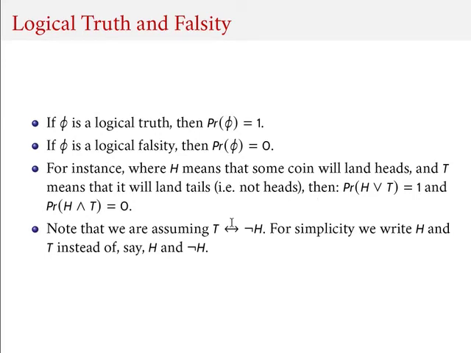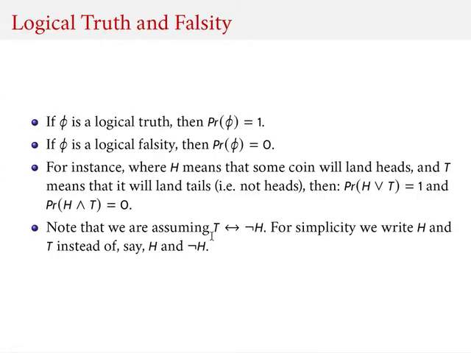But here, and this is very crucial that you understand this moving forward with the formalism in probability theory, when we're talking about coin tosses, say, and using letters like H and T, we're assuming in the background that T holds just in case not H holds. That is to say, if the coin lands tails, then it doesn't land heads, and also if the coin doesn't land heads, then it lands tails.